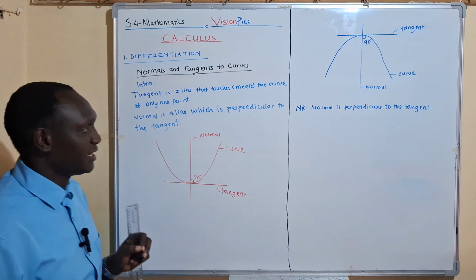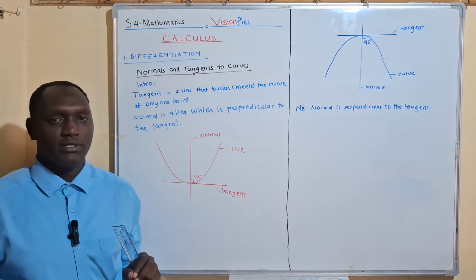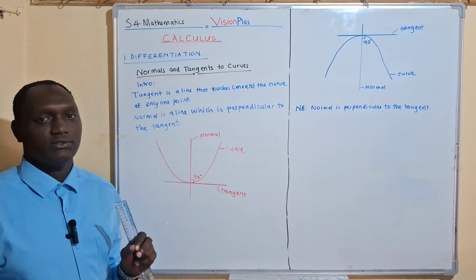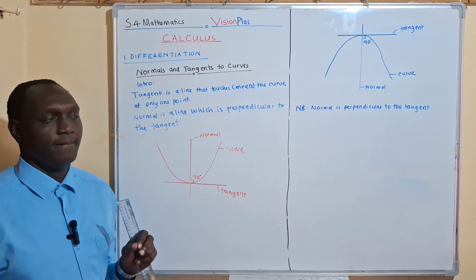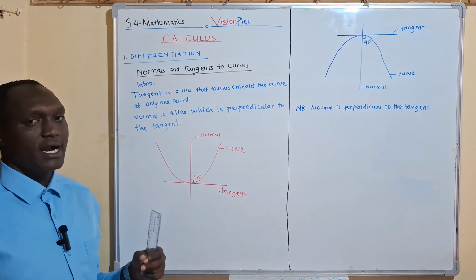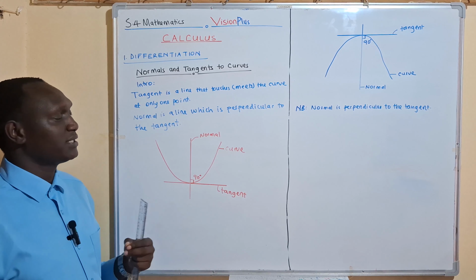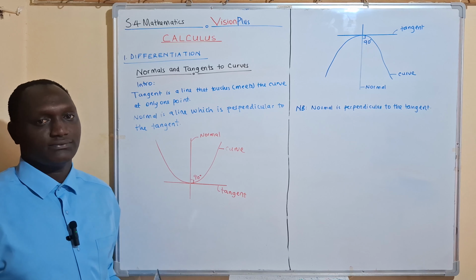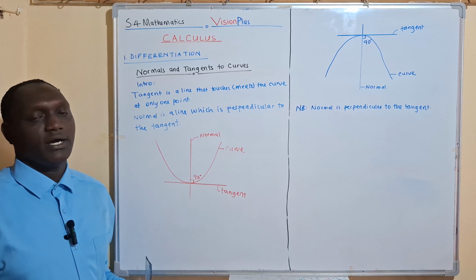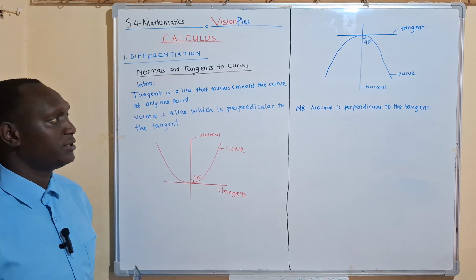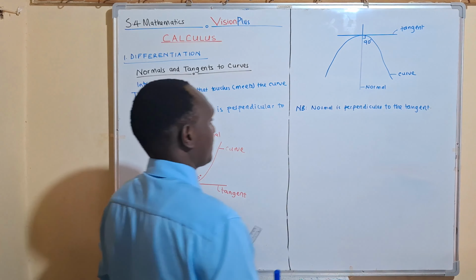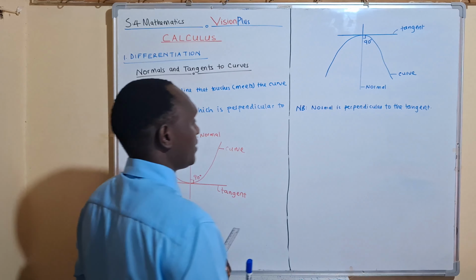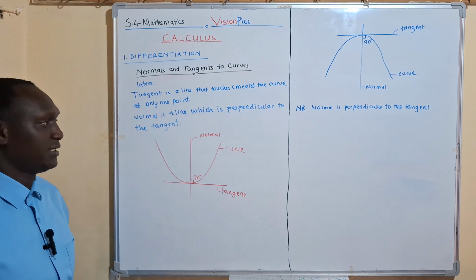I have not said anywhere that the normal is perpendicular to the curve. No. The normal to the curve is the one perpendicular to the tangent, or the tangent to the curve is perpendicular to the normal to the curve. That is what we must note, and it's very important.